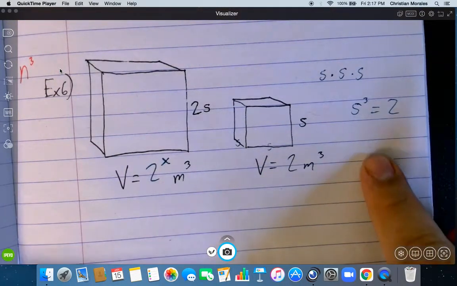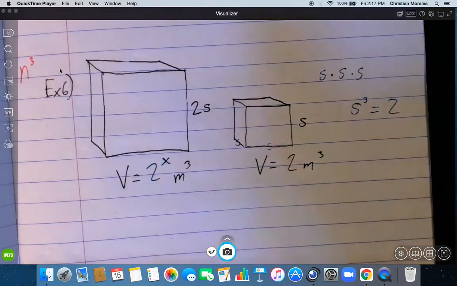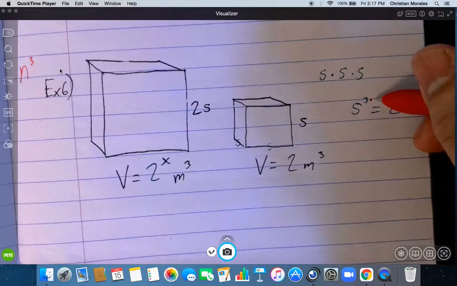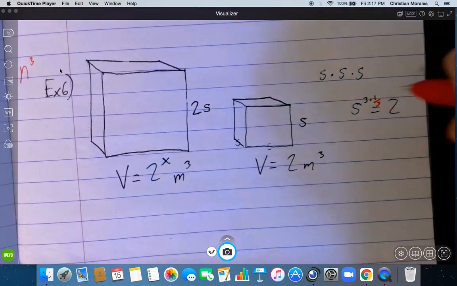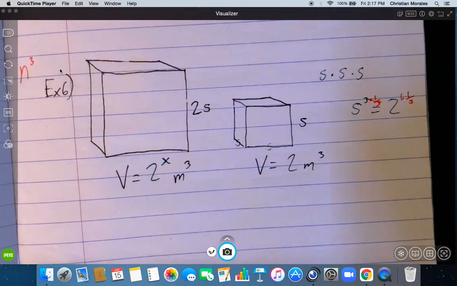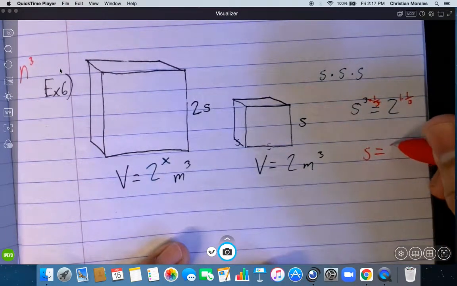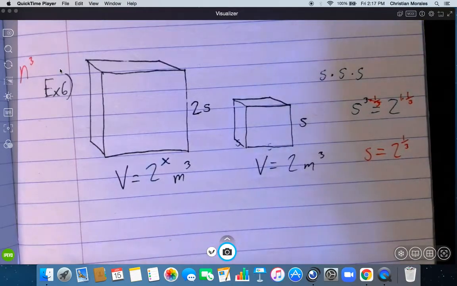How do you get rid of this? With another exponent. What exponent will get rid of that? 1/3. 1/3 will cancel that out, but now I have to put a 1/3 here. Remember, you just multiply that by 1. So what does that do to my problem? The side is 2 to the 1/3.